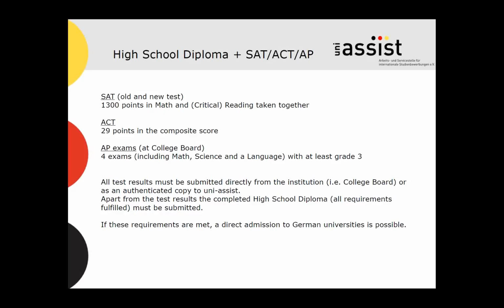When it comes to ACT, it can be issued to us from the ACT center. What is not sufficient is ACT results mentioned only on the high school diploma transcript.